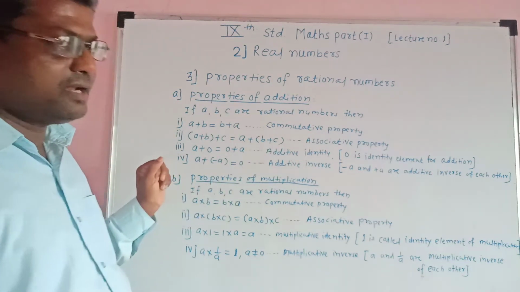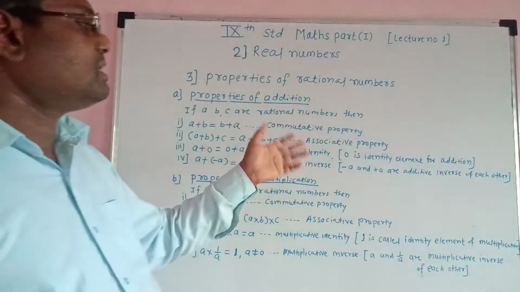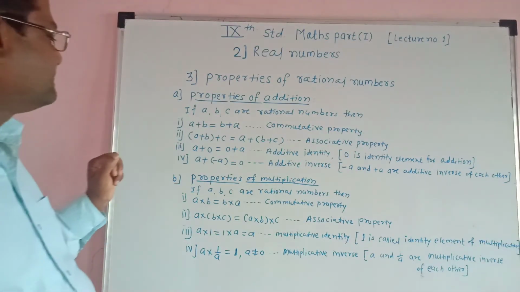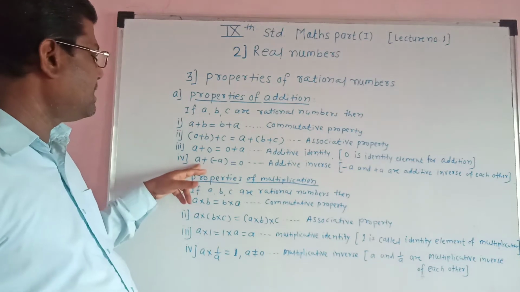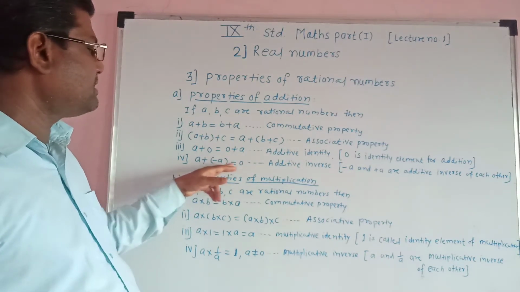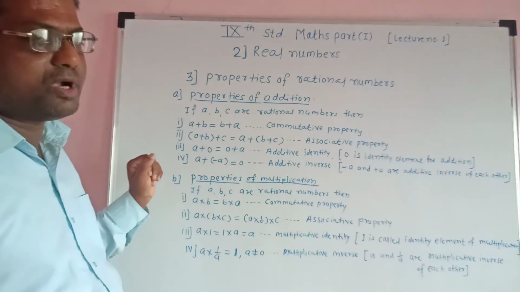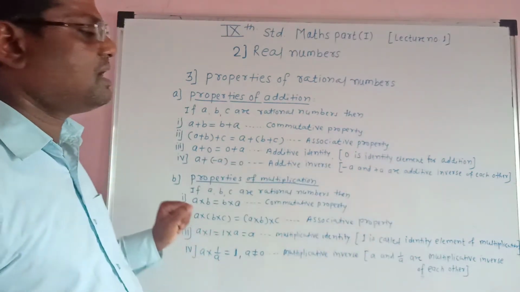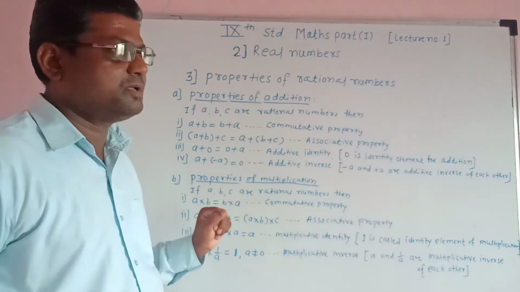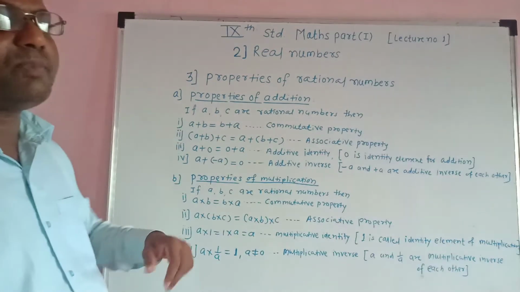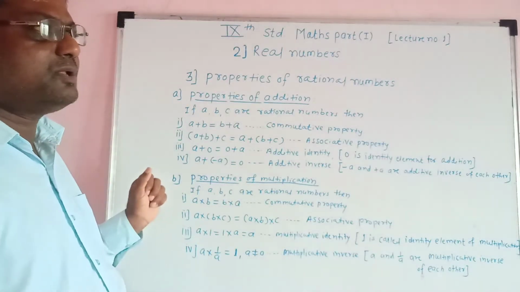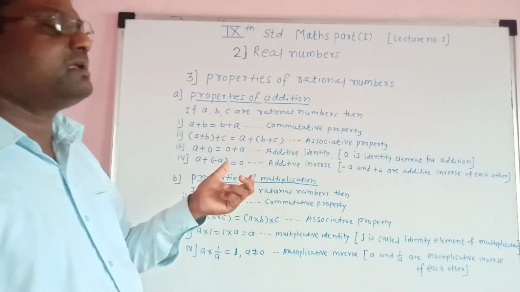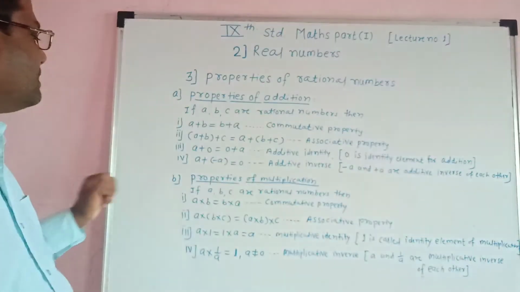This is called the additive identity, and 0 is called the identity element for addition. If a plus (minus a) is equal to 0, this is called the additive inverse. Minus a and plus a are additive inverses of each other. For example, 5 and minus 5 are additive inverses of each other. So we write minus 5 plus 5 is equal to 0.